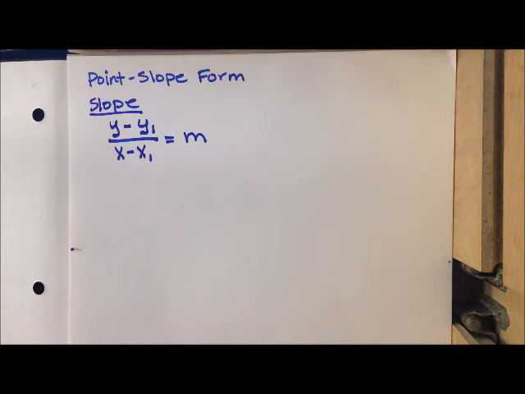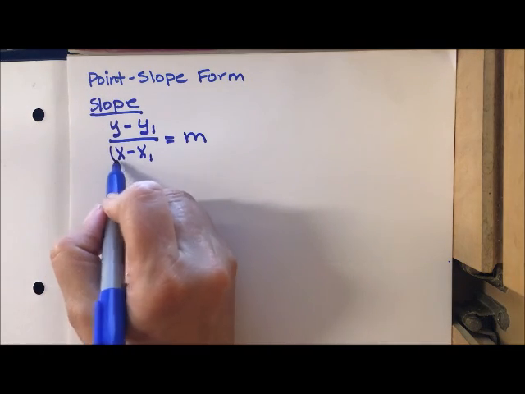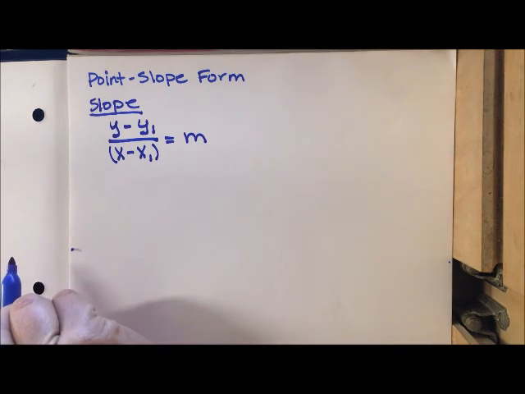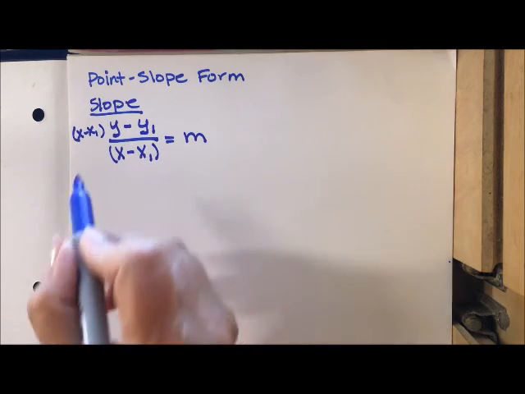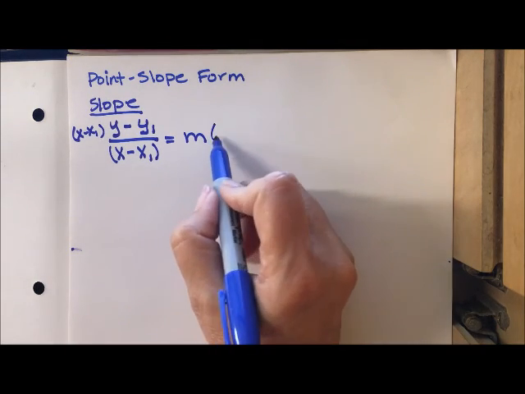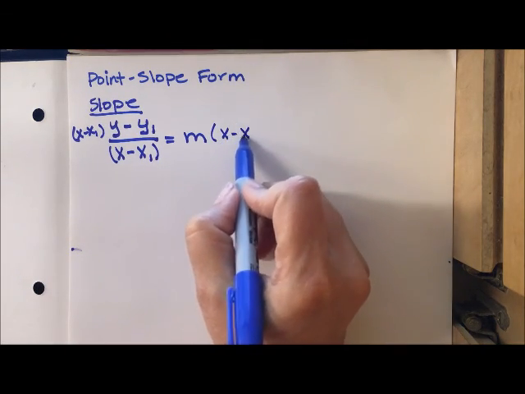Now, if we were to go ahead and get rid of the fraction in this particular equation, we can multiply by that denominator, x minus x1, and if I do it to this side of the equation, I have to multiply on this side of the equation.